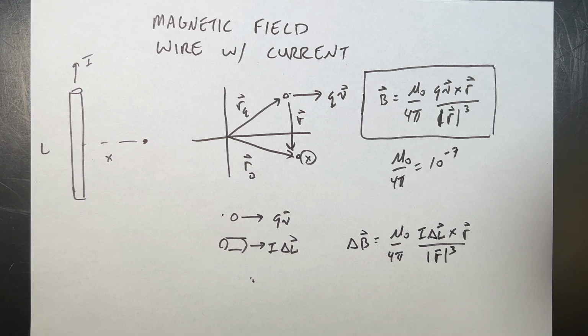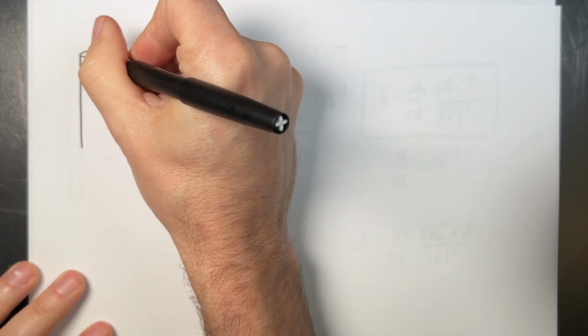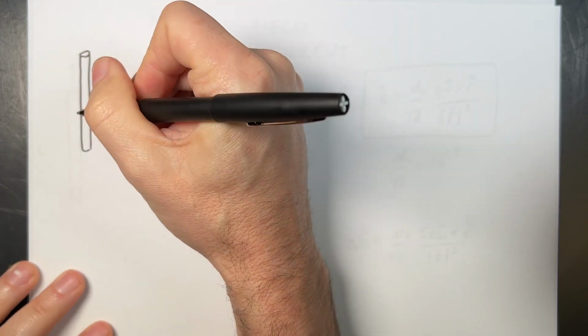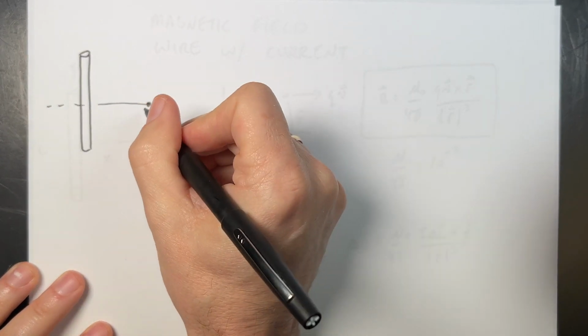Okay, let's just get into this using that right there. I'm going to start over and draw a new picture. So here's my wire. Let's say the wire is on the Y-axis, and I want to find the magnetic field on the X-axis.